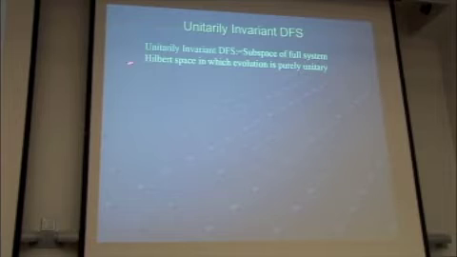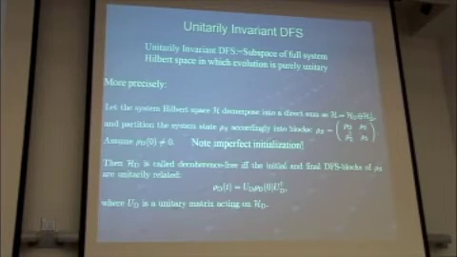So what's a unitarily invariant DFS? It's a subspace in which the evolution is purely unitary. So far the evolution was just identity in a DFS. Now I want it to be unitary in order for us to be able to apply some kind of interesting computation. Okay, so here is a more precise idea. Let's say that we can decompose the system Hilbert space into a direct sum like before, and I'm going to call it H_D plus H_D perp.